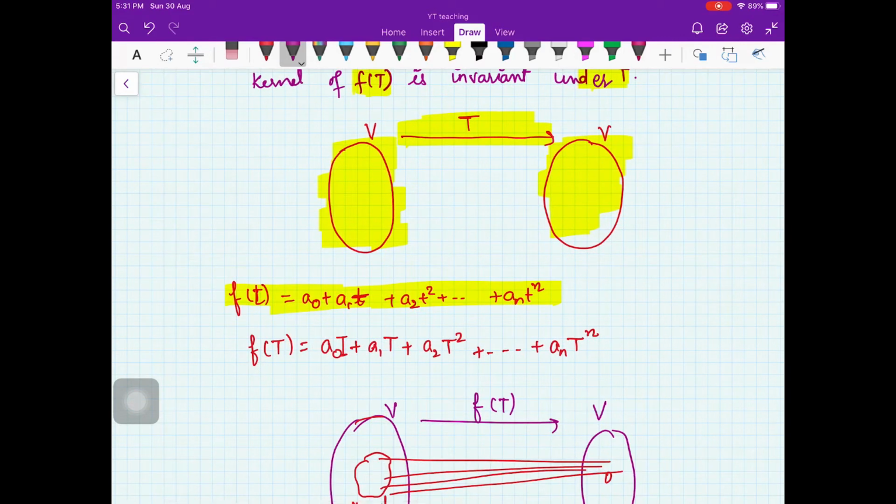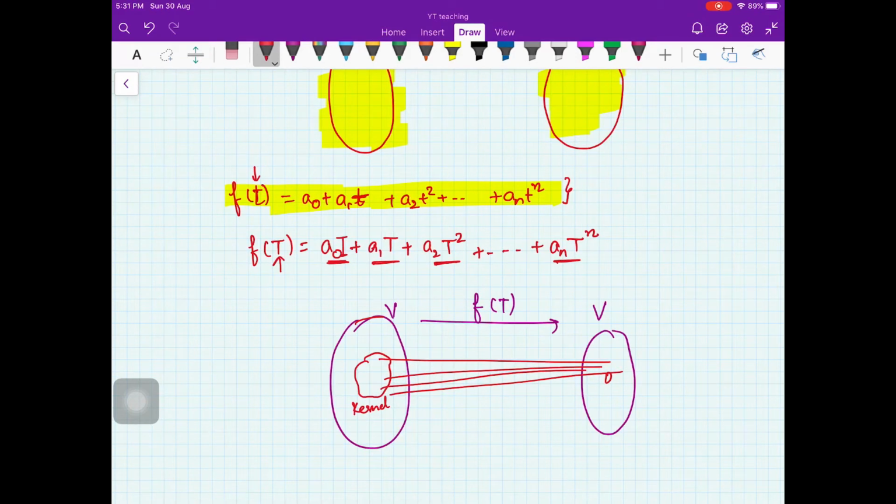What this means is, you see this is your polynomial f(t). If instead of the variable t you put your transformation T, it becomes a0 I + a1 T + a2 T squared + ... + an T raised to power n, where I is the identity map. So you have a transformation from V to V, which is f(T).